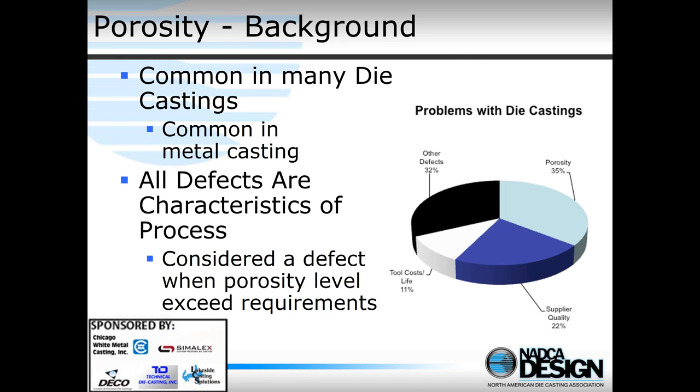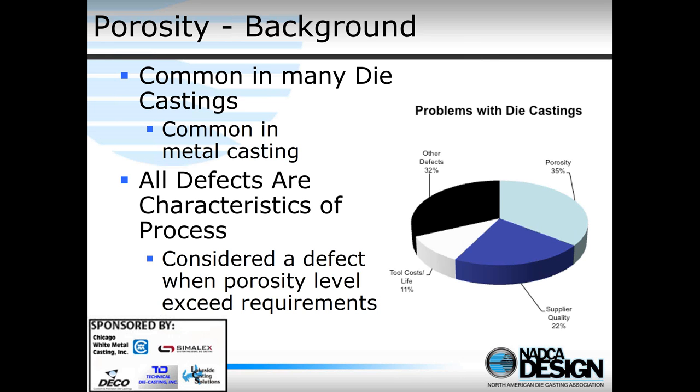Why do we focus on porosity? Well, a little pie chart on the right-hand side shows why. This was a survey done by NADCA a number of years ago, and they went to end users such as yourself and asked, what's the biggest problem that people have with die castings? Well, the biggest cut of the pie, porosity. 35% of the respondents said porosity, and another 32% said other defects.